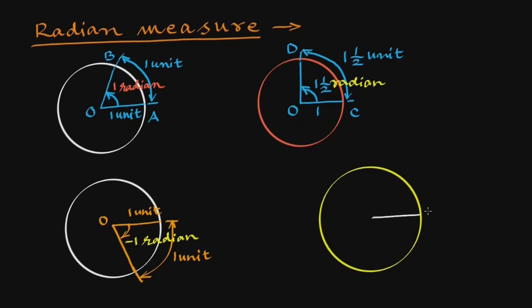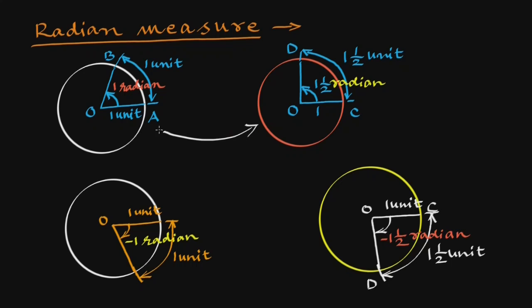In this circle of radius 1 unit, if we draw an arc of length 1.5 unit in clockwise direction, then angle made by arc CD at the center of the circle in clockwise direction is minus 1.5 radian. So these two are angles with positive radian measure, whereas these two angles are of negative radian measure.